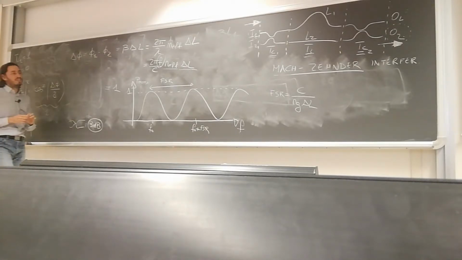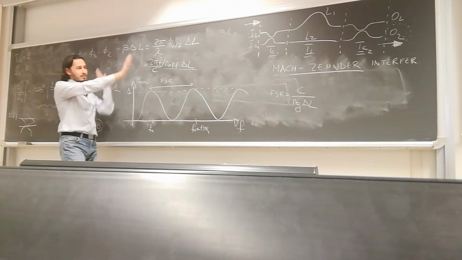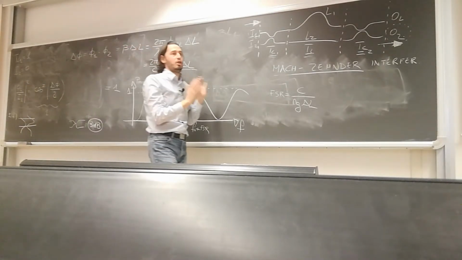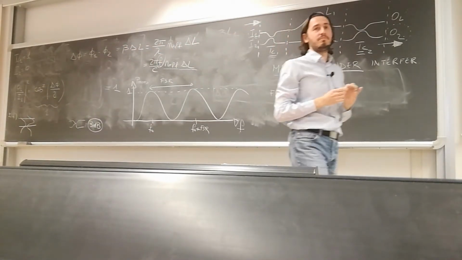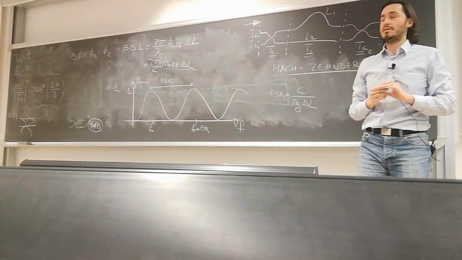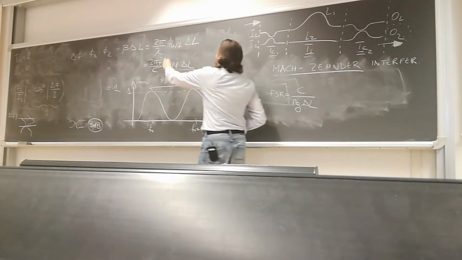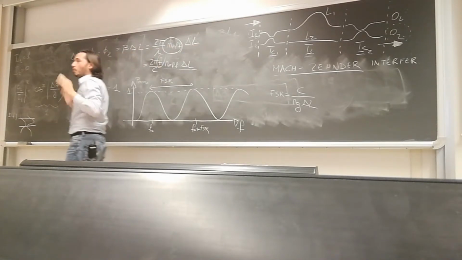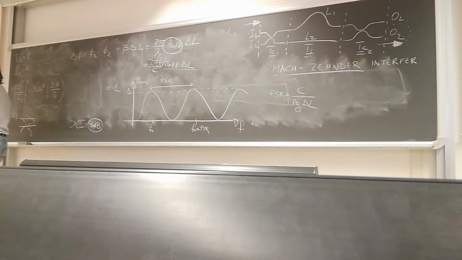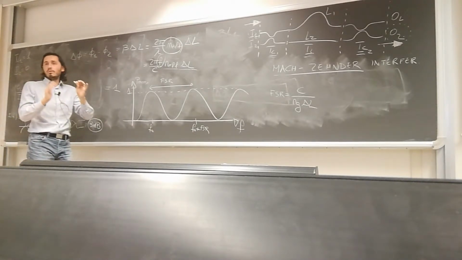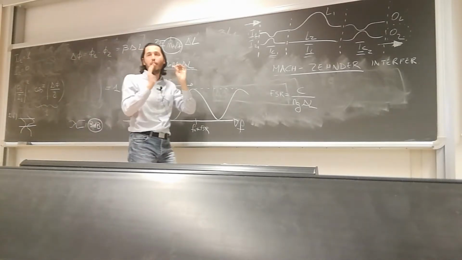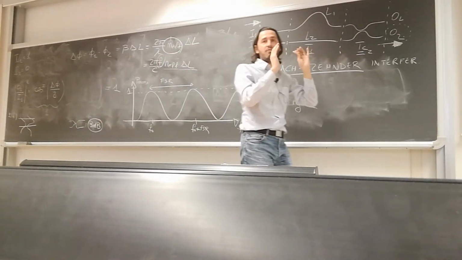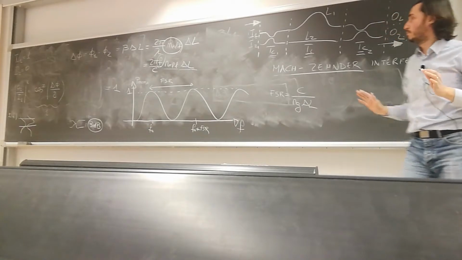Which is the parameter here in the blackboard that is going to change if I have another mode? Good. This. Each mode propagates with its own speed, its own phase velocity, its own beta, its own effective index, all synonymous.